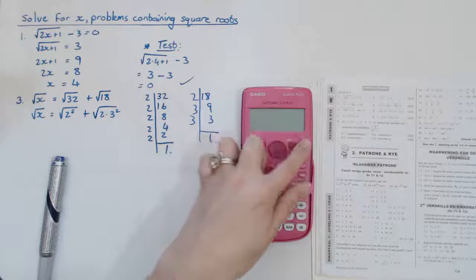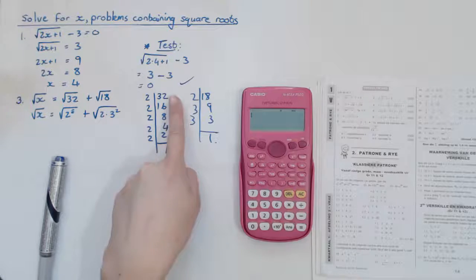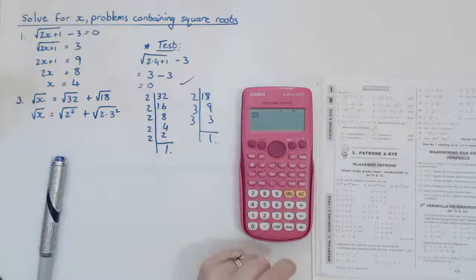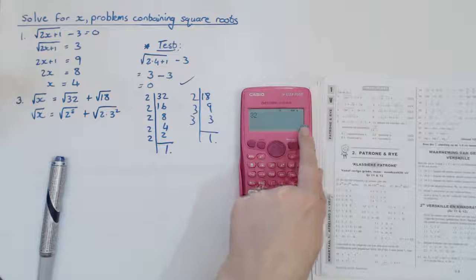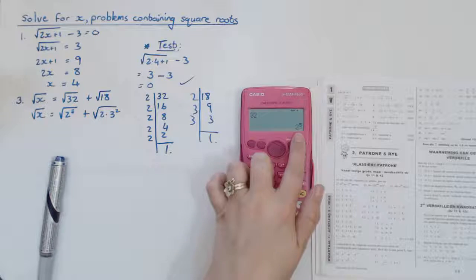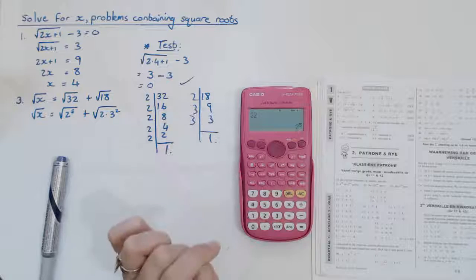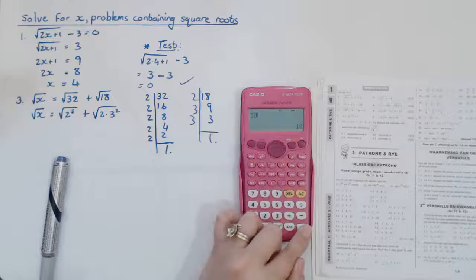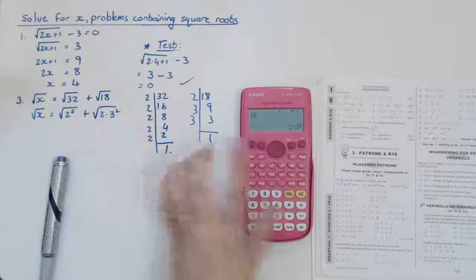So you press shift fact to get the prime factor form. Just important, if I want to get 32, I must press equal first so that I've got 32 there, and then I press shift fact, and then it gives me 2 to the power of 5. And if I press 18 equal first, shift fact, it gives me 2 times 3 squared, right?